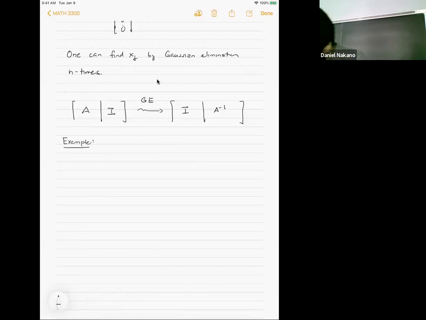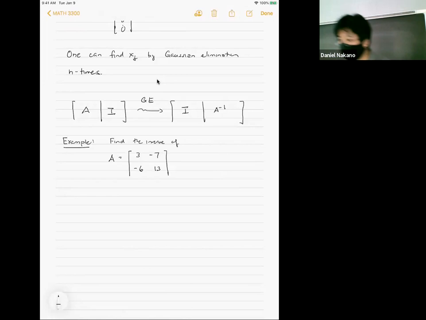All right, so find the inverse of our favorite matrix, 3, minus 7, minus 6, 13. All right. Okay, so you know the answer to this. We've done this using different approaches, but let's just make sure that I'm not BSing you by this approach.